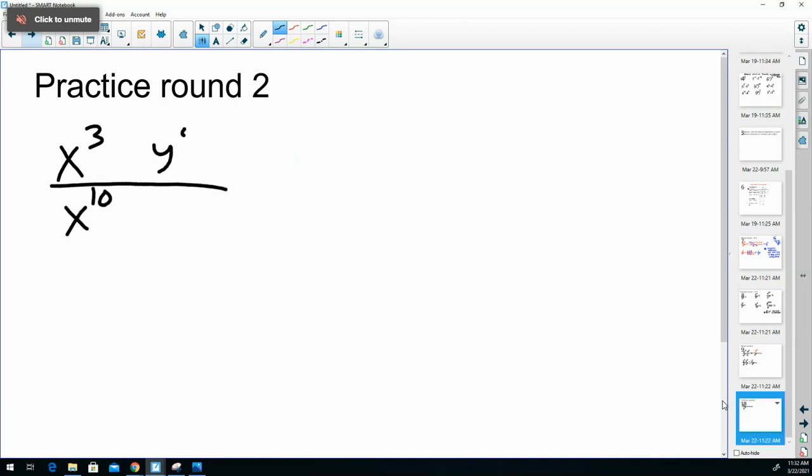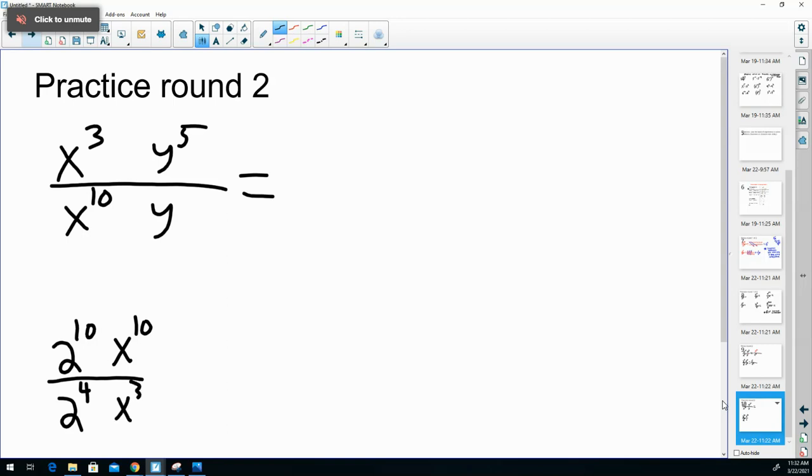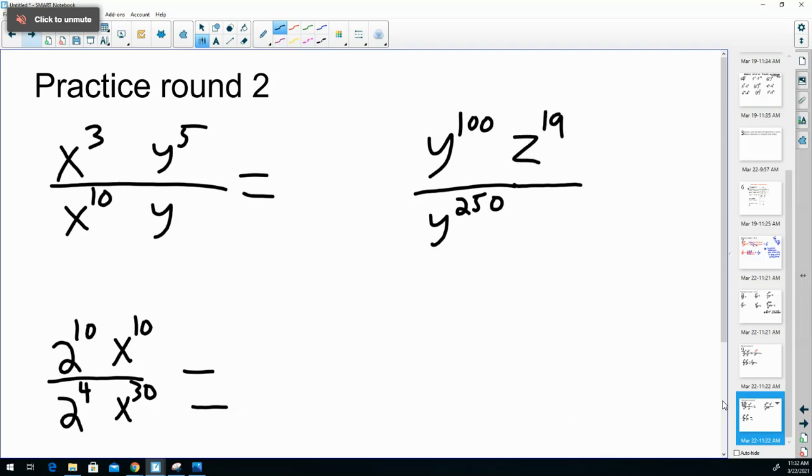So you have x to the 3rd, y to the 5th, over x to the 10th, y. Then that's really y to the 1st. Okay, 2 to the 10th, x to the 10th over 2 to the 4th, x to the 30th. y to the 100th, z to the 100 over z to the 19th, and then y to the 250th over z to the 13th.